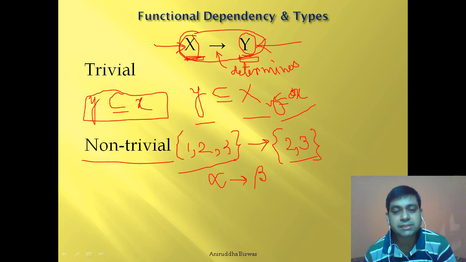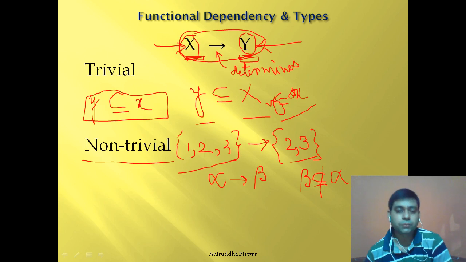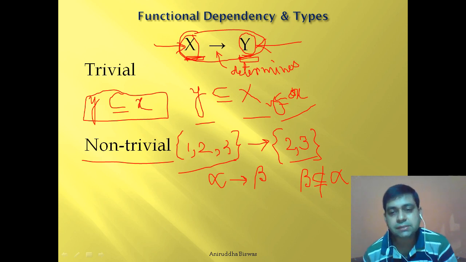Alpha determines beta, and beta is not a proper subset of alpha. That means beta is determined by alpha, and it is functionally dependent on alpha. But beta is not a proper subset of alpha.